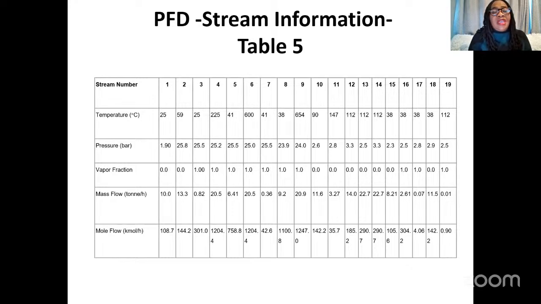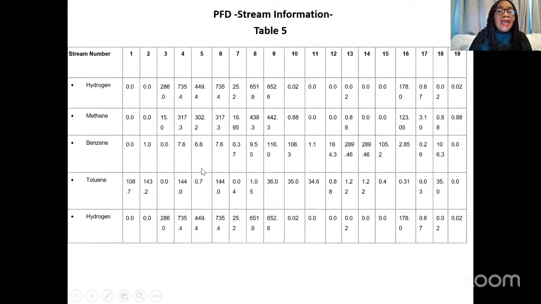Table 5 gives us information for temperature at different stream numbers. So temperature, pressure, and other parameters at these different process streams, process streams 1 to 19.